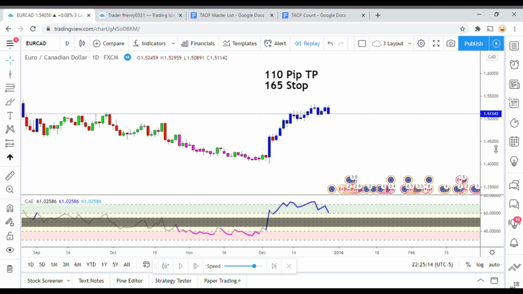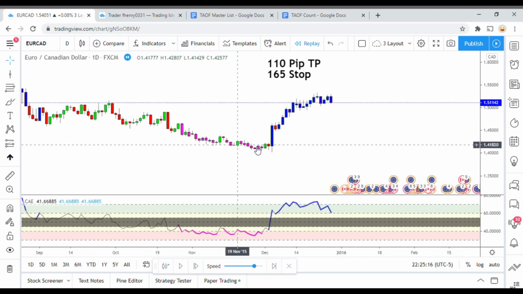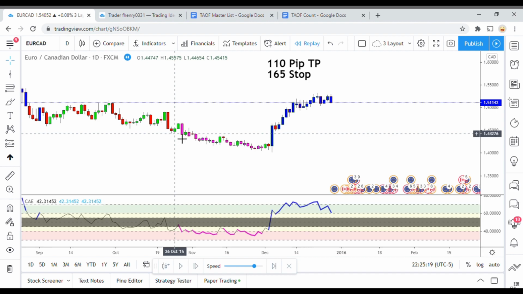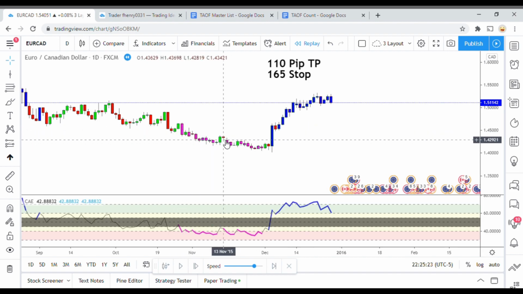Now, this one is like a few of the other ones that we have tested, where you can see here we get a purple bar, then a little ways down we get a green bar, and so the indicator goes back into a range, and then it breaks out again into a short scenario when it turns purple.